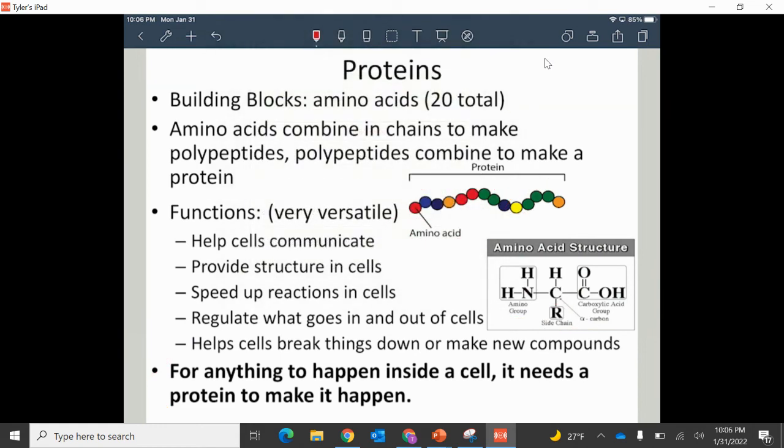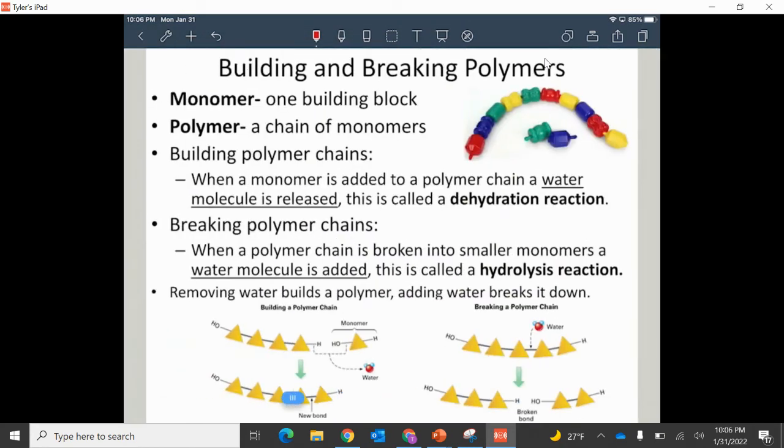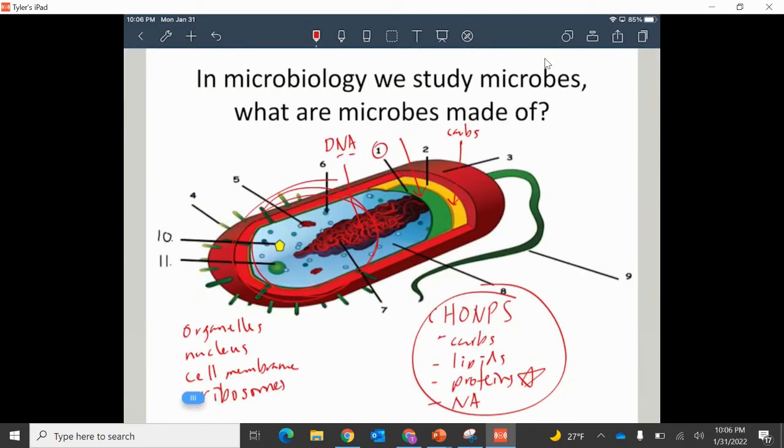So we've really spent time talking about those macromolecules, these things that make up microorganisms and the cells of microorganisms, whether it's the DNA inside of there, the cell membrane of these cells, the cell wall layer that provides structure, or the food for these.